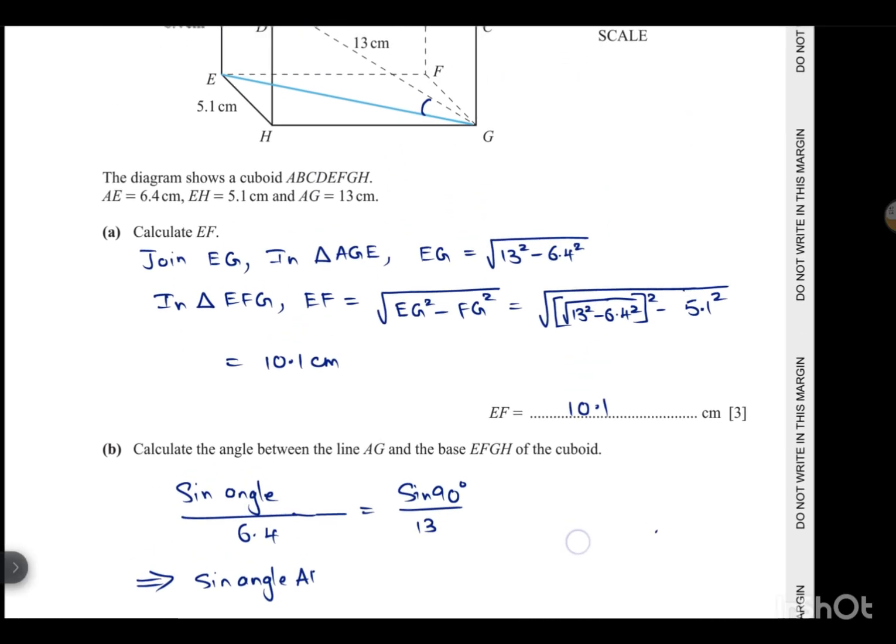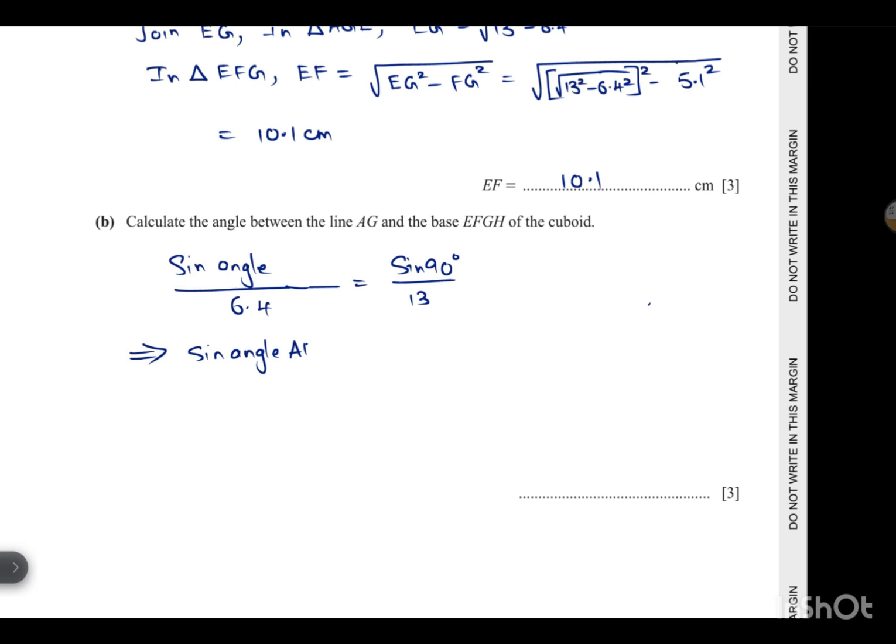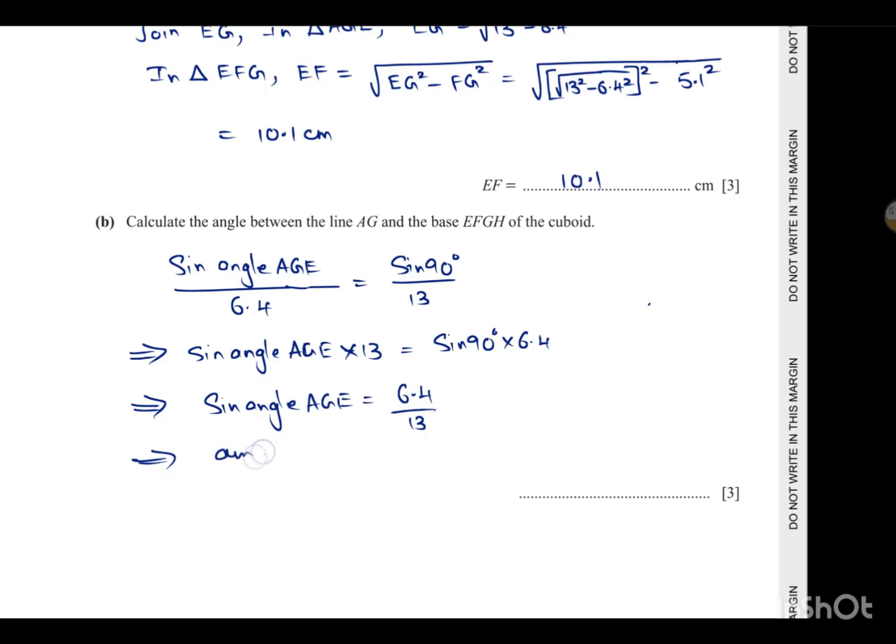Angle AGE multiplied by 13 is equal to sine 90 multiplied by 6.4. Sine 90 is 1, so you can just write 6.4. So sine of angle AGE is equal to 6.4 by 13, because 1 into 6.4 is 6.4. Now we'll only find out angle AGE.